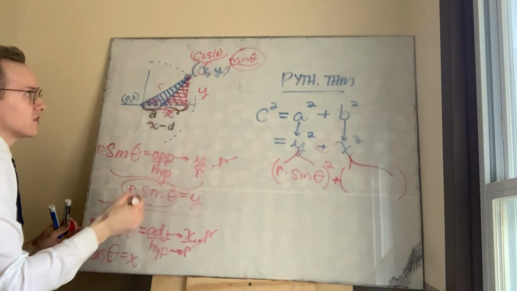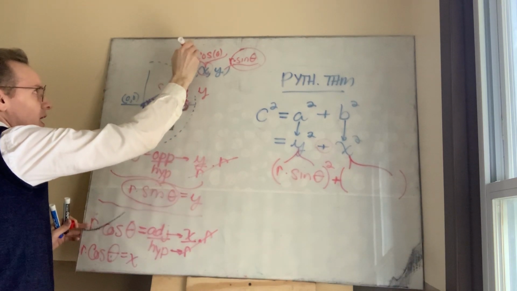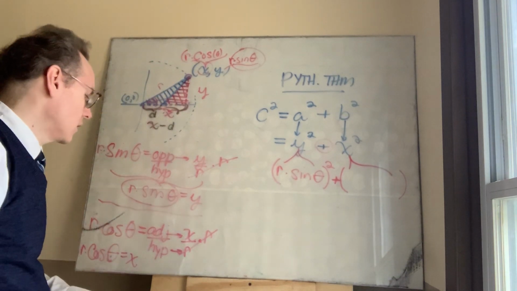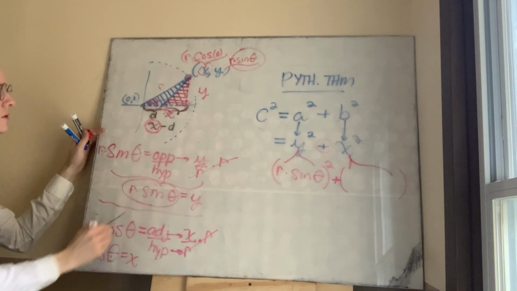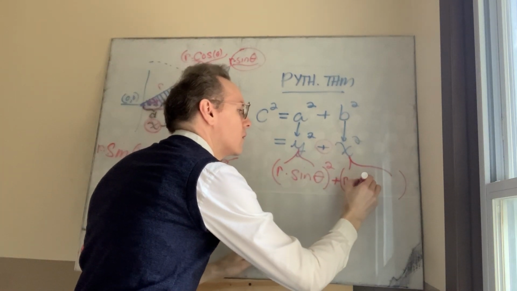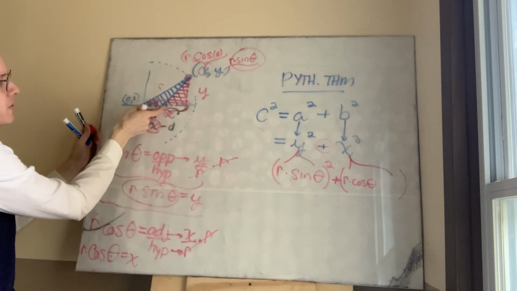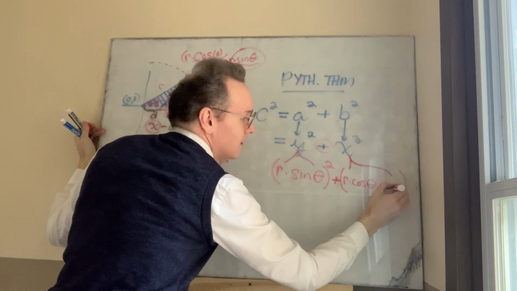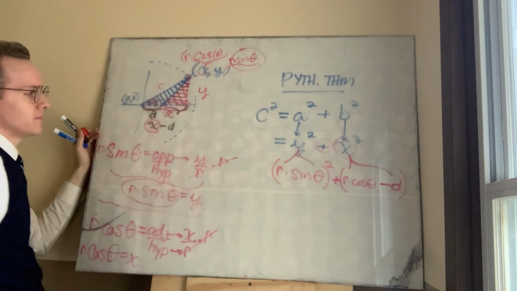So in some other situation where I can't ignore the fact that R is usually 1, I'm going to compensate by temporarily putting it here. It means that this X dimension, which is really R times the cosine of the angle, minus this chunk of it, which I'm just temporarily calling D, is this much of the triangle here.